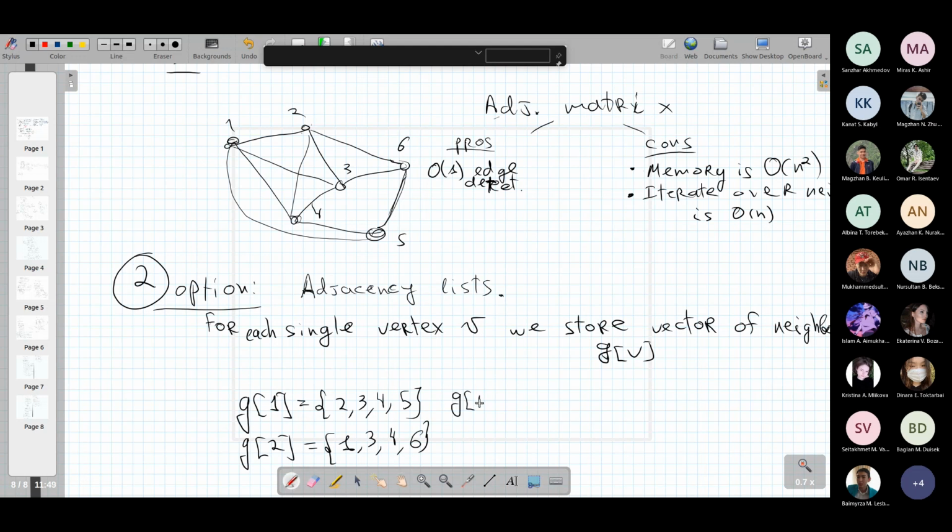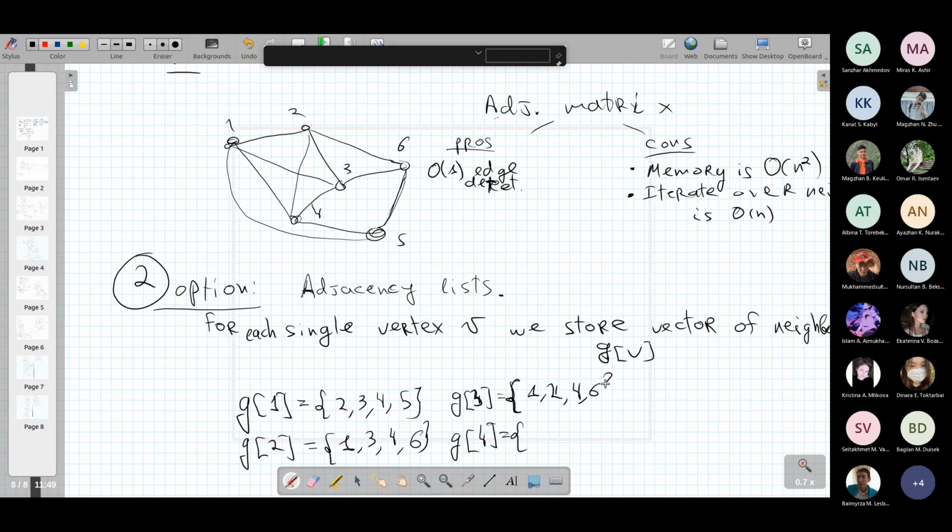G of 3 is equal to what? What is G of 3 equal to? 1, 2, 4, 6, correct?